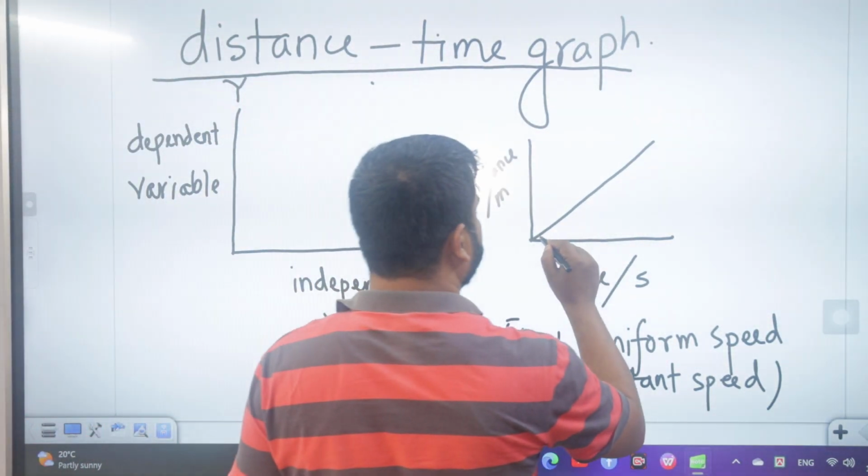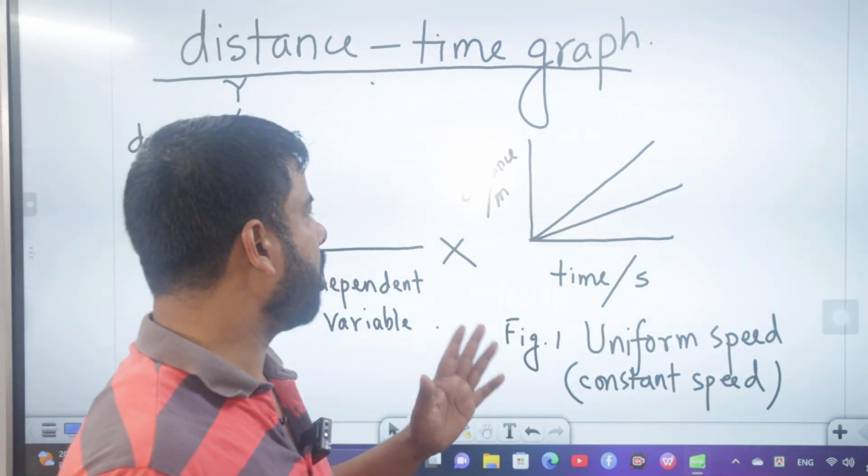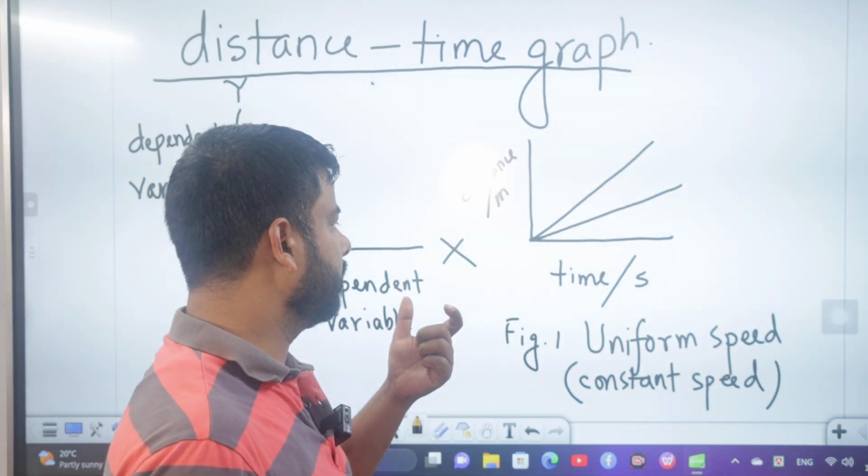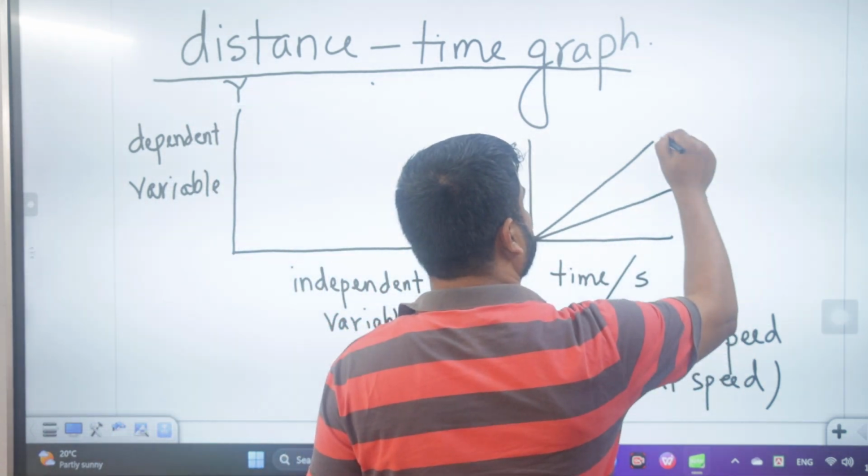If the gradient is less steep, then it shows the object moves with less speed, and if the gradient is higher, the speed is higher.